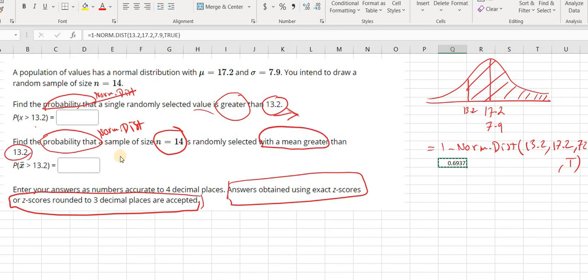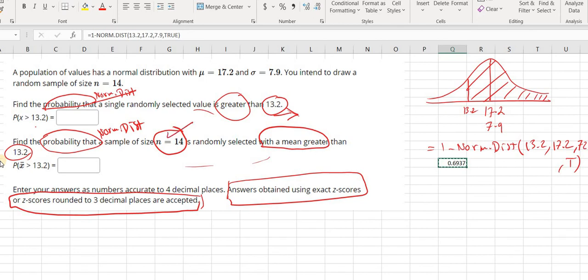So the difference here is it's asking if we select a random sample of size 14, what is the probability that the mean of that sample is going to be greater than 13.2. So this basically is saying, if you're repeating the process of pulling out samples of size 14, what is the probability that you're going to select a sample of size 14 with a mean that is greater than 13.2?